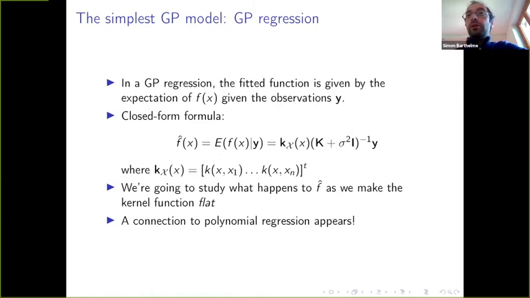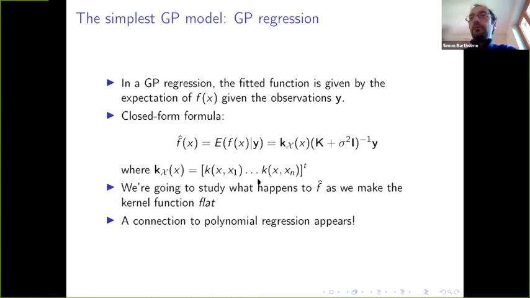Okay, so how do we get our fit? Well, we get our fit from the expectation of the posterior process, and it's very easy linear algebra. For example, the expectation of the Gaussian process given the data at point x is given by something involving the matrix K, then something involving the relationship of x to the sampled points x1 to xn, and the observations y.